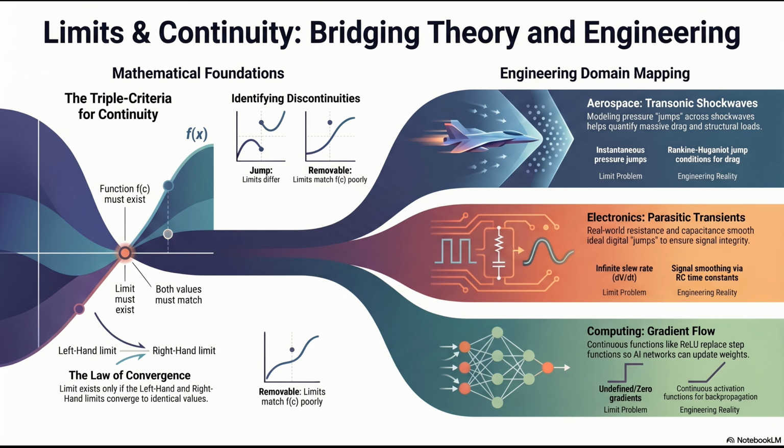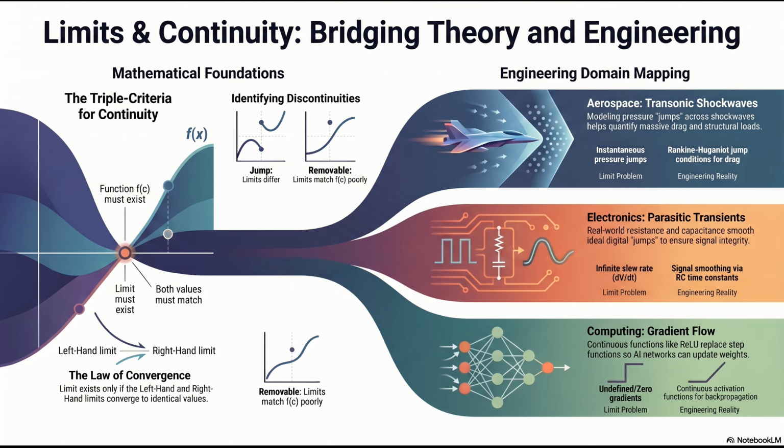That's just too complex. Way too complex. So engineers evaluate the one-sided limits instead. They look at the left-hand limit of the air pressure just before the shockwave and the right-hand limit of the air pressure just after it. And because those two limits do not equal each other, they have their mathematical jump. Right. And calculating the sheer size of that one-sided jump is what allows them to quantify the massive drag forces and structural load spikes that are about to slam into the wings.